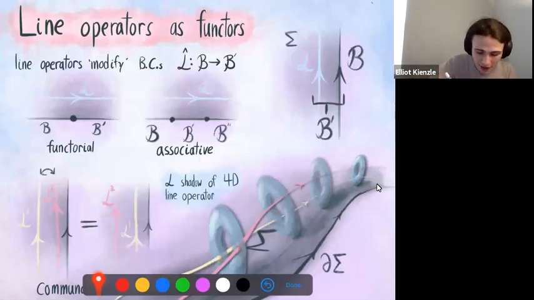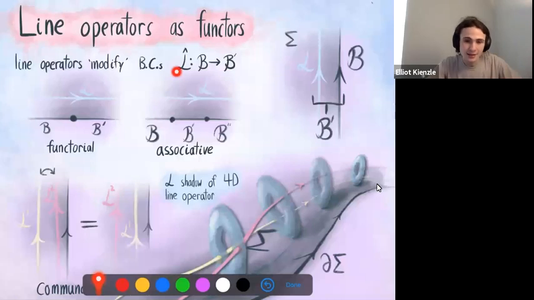So again, we have this category of boundary conditions with morphisms given by point operators. And then we apply L here, and it's the same as applying L on this guy here and on this guy here, and then somehow on this morphism between them. And this is functorial. It preserves associativity and everything.